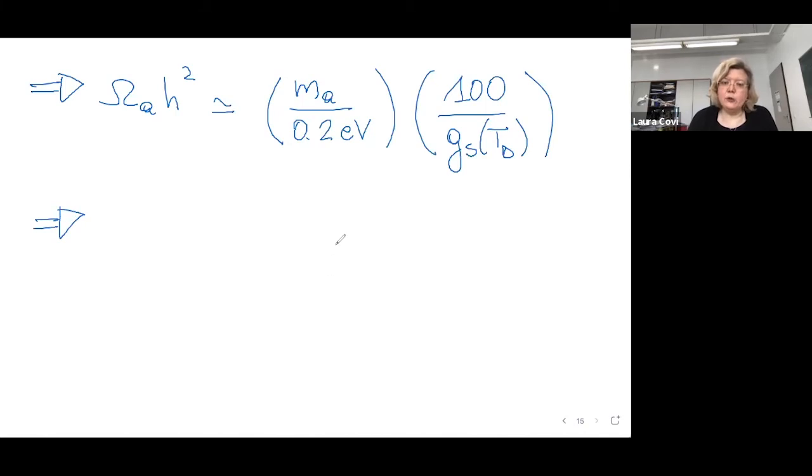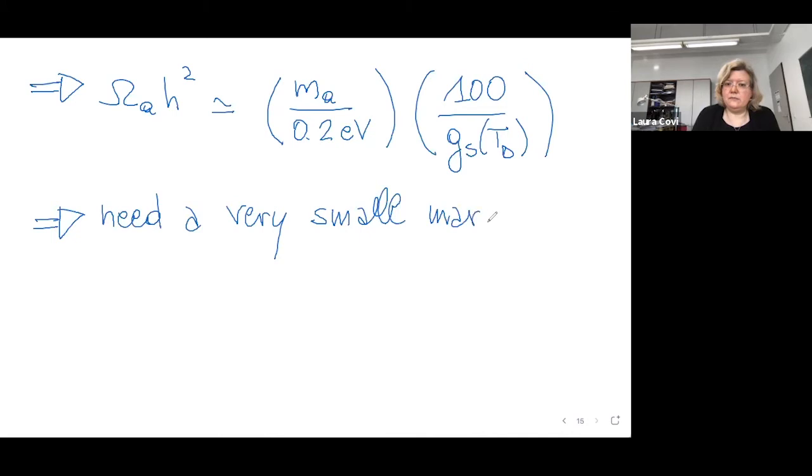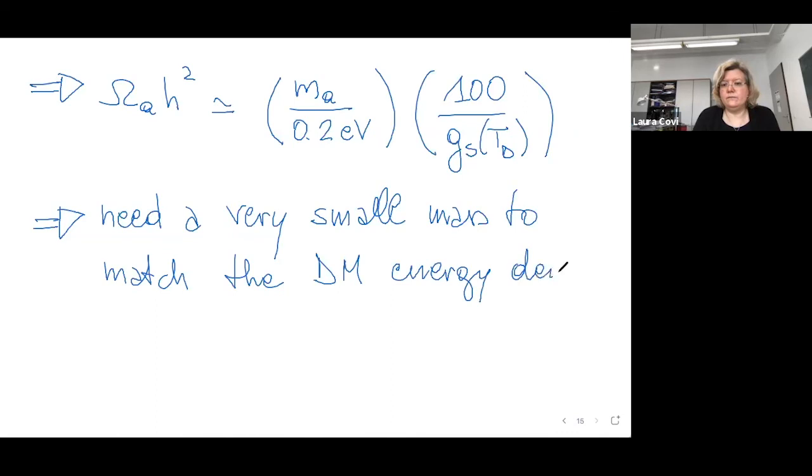This means you need a small mass to match the dark matter energy density. And this means nothing else than that you have hot dark matter.